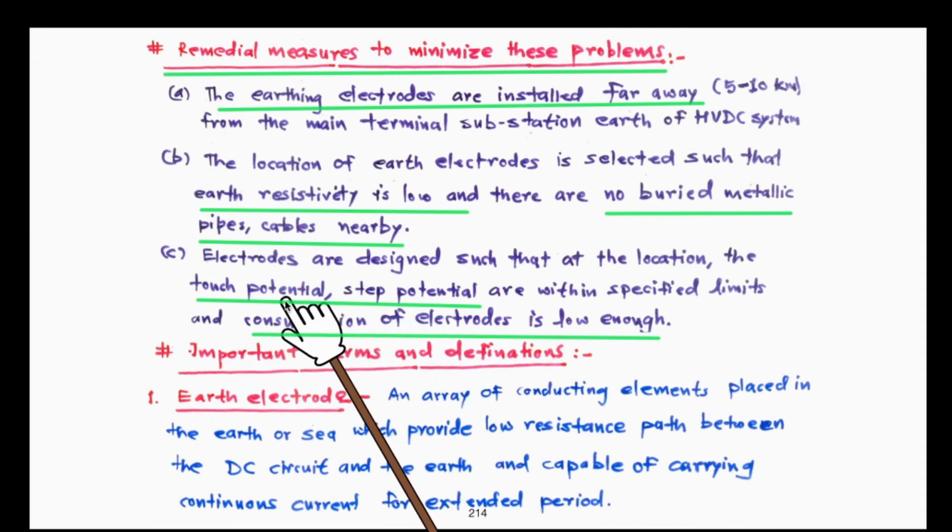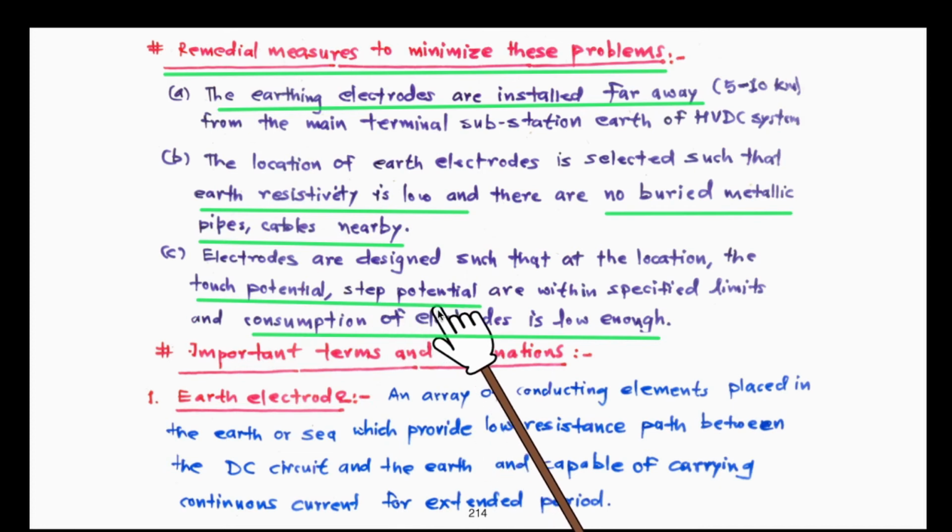Touch potential: if there is some grounded object which is energized, and a person comes in contact with it, the potential developed across the body of that person standing on the ground is called touch potential, and it should not exceed a certain specified limit in order to ensure the safety of personnel.